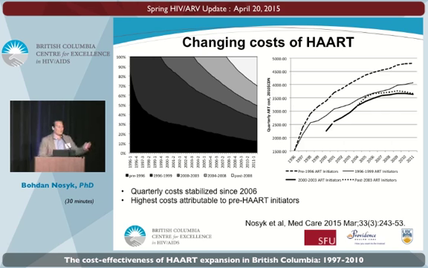Over time, they're making up a smaller and smaller proportion of the overall population, and they also have the highest cost. So just by virtue of the change in the epidemic, the per-person cost of highly active antiretroviral therapy, irrespective of changes in first-line therapy and everything else, we believe these per-person costs are going to be going down.